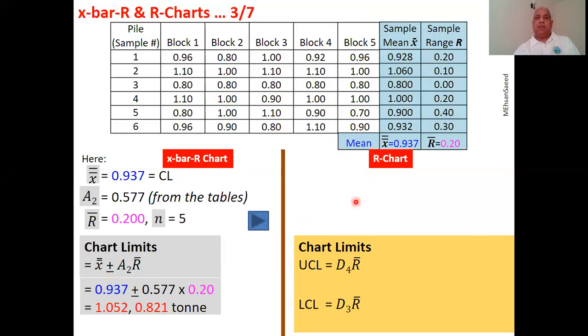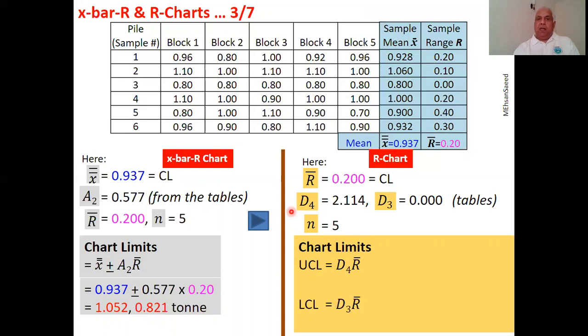And the formulas are, for the upper control limit, we multiply this mean range with this constant or coefficient, and for the lower control limit, we multiply it by this. So R bar again 0.2, and in this chart R bar becomes the center line. In the other chart X double bar was the center line, or in other words these figures become the center lines of their respective charts.